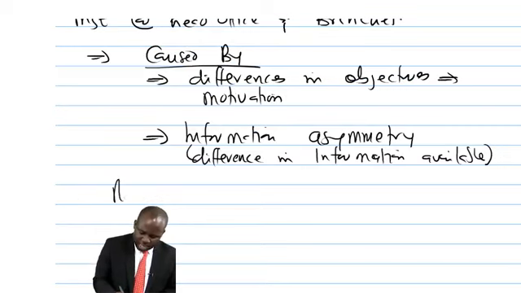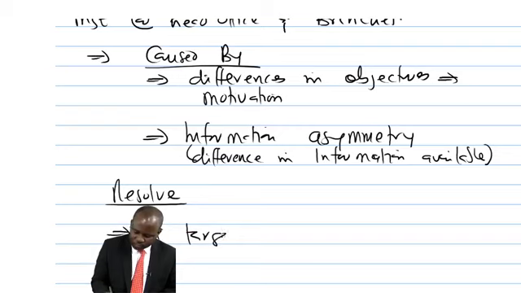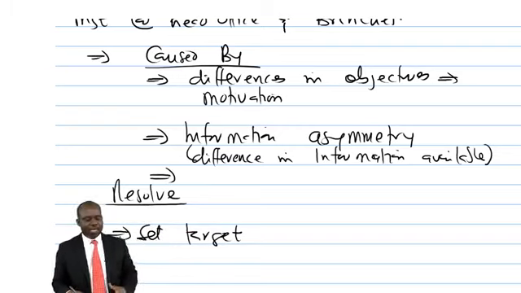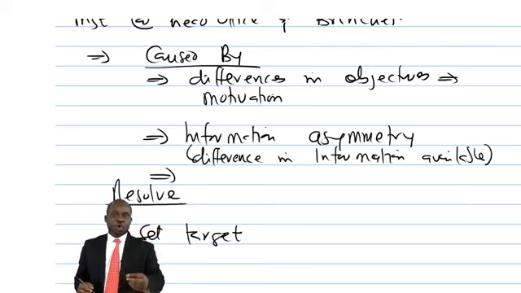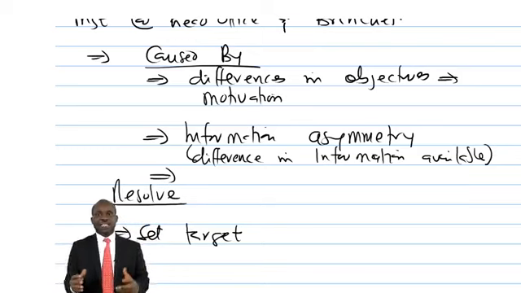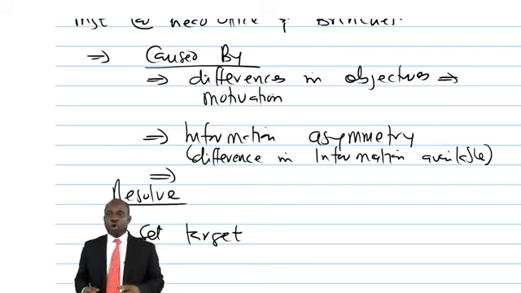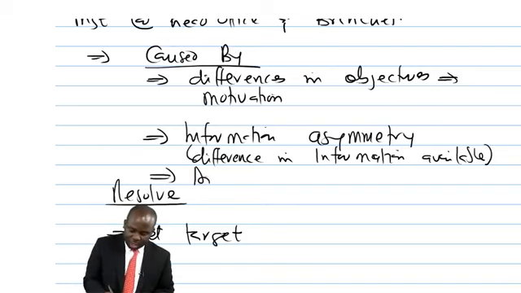Mitigation. Okay, so to resolve them, first we need to set what? Target. Okay, even let me say this, because this is international one. So sometimes even conflict of interest from international point of view will come because of what? Differences in culture.